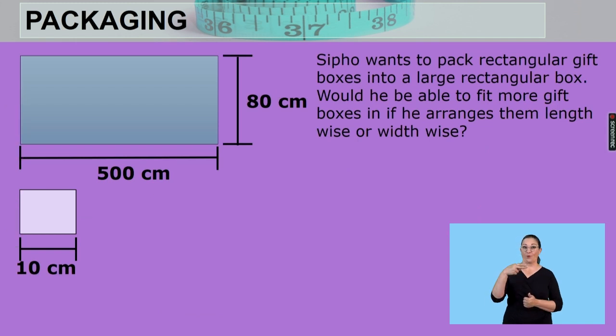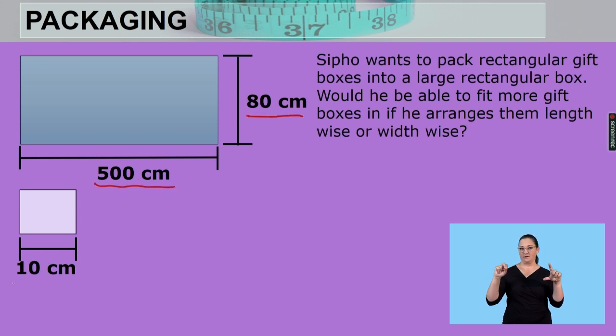Sipo wants to pack rectangular gift boxes into a large rectangular box. Would he be able to fit more boxes in if he arranges them lengthwise or widthwise? All right, so to start off here, what we notice is this rectangular shape measures 500 centimeters by 80 centimeters.